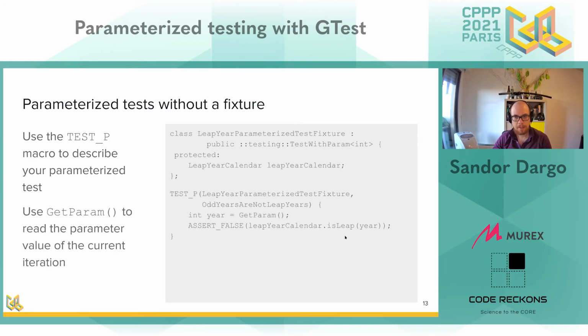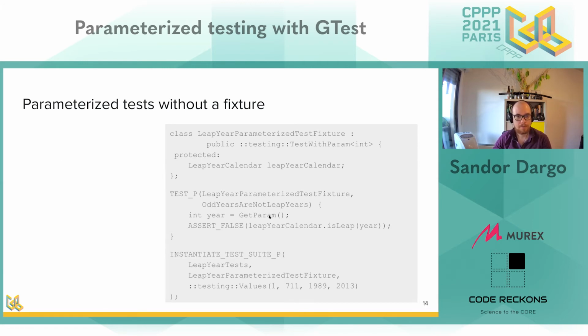And then you make your assertion, you do everything as you wanted. But here what matters is that you get the value for a given iteration with this GetParam. That is part of GTest, of Google Test.